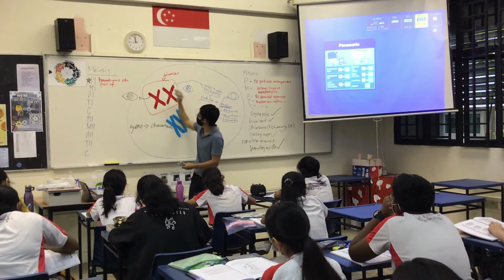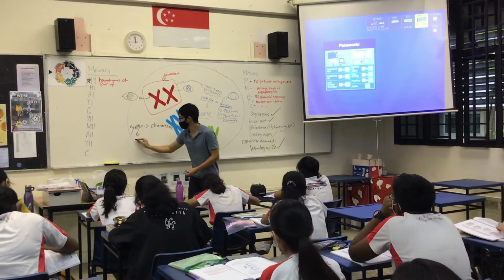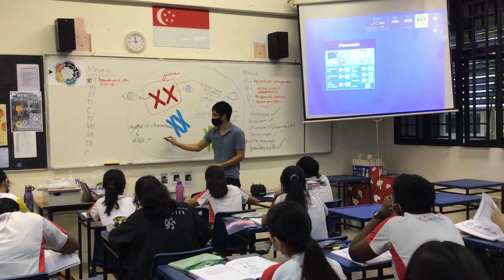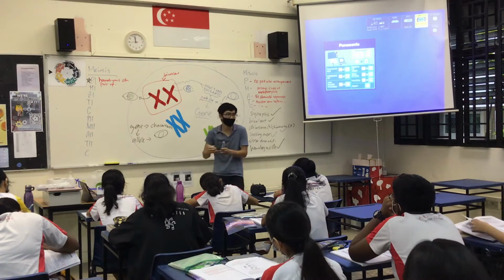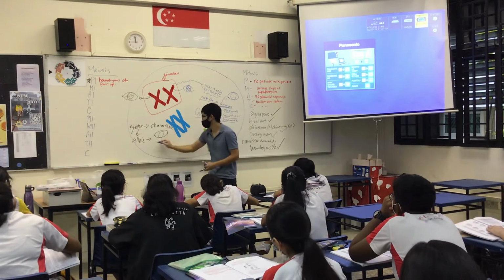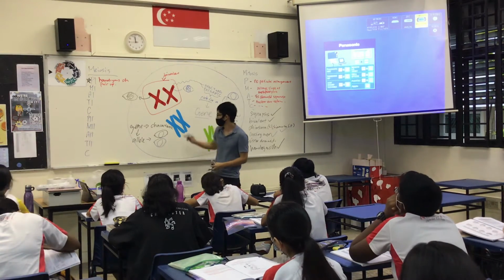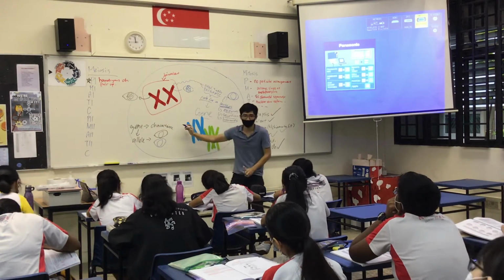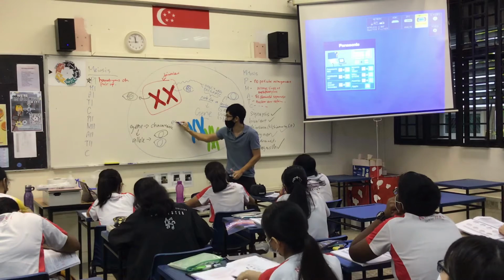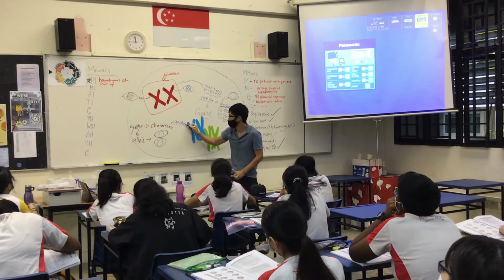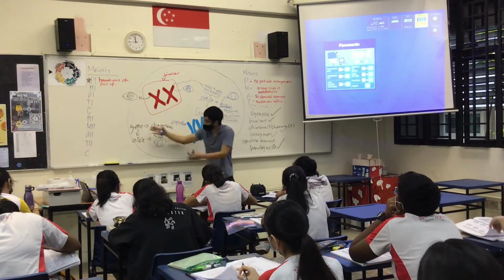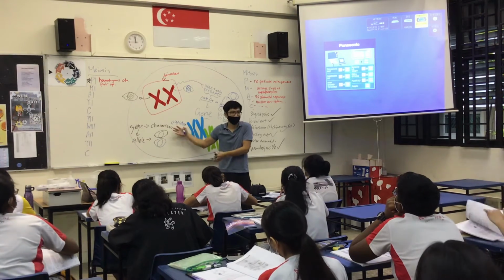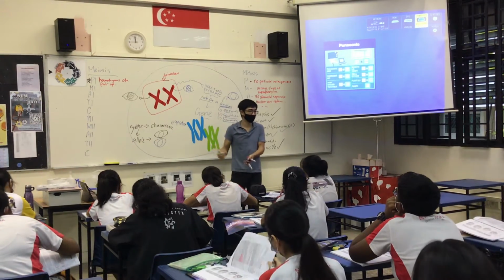A different form of the same gene, we call it an allele. And this codes for the different forms of the characteristic. So what is the characteristic here? The characteristic is eye color. But I can have different forms of the same gene coding for different eye colors. Black eye color, blue eye color.